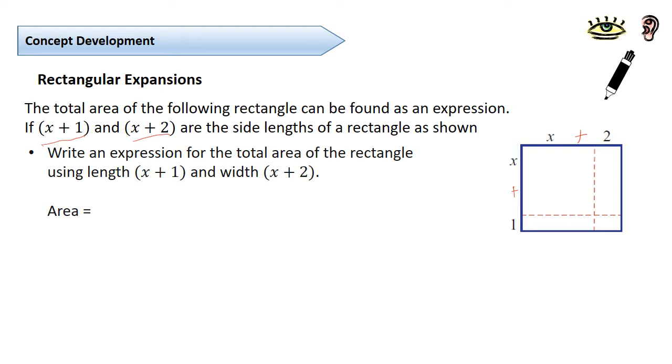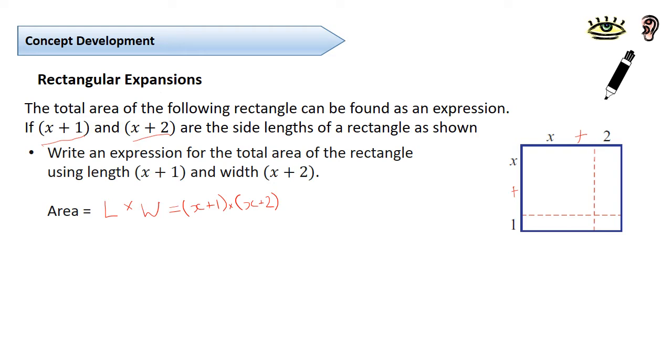So if x plus 1 and x plus 2 are the side lengths of the rectangle shown, we are going to write an expression for the total area of the rectangle using those lengths. Now, we've all seen the area of a rectangle written before. The formula is length times width.